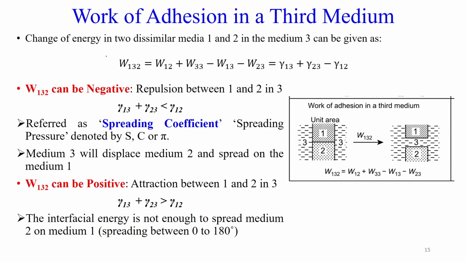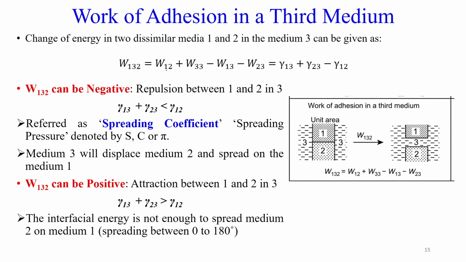So, the work done for 1 and 2 in 3 will be, first, W12, then W33, minus the work done between W13 and W23. So, W12 plus W33 minus W13 minus W23.